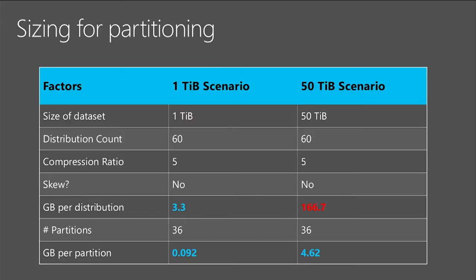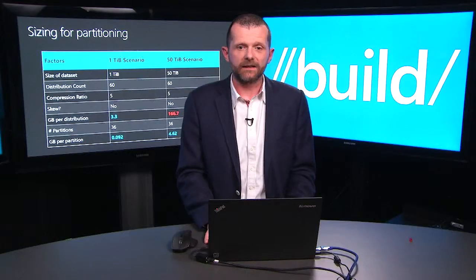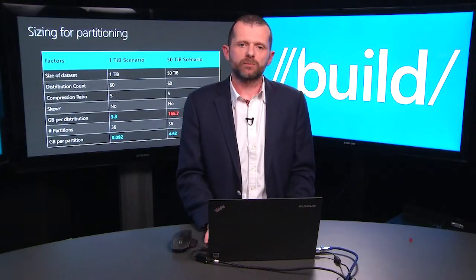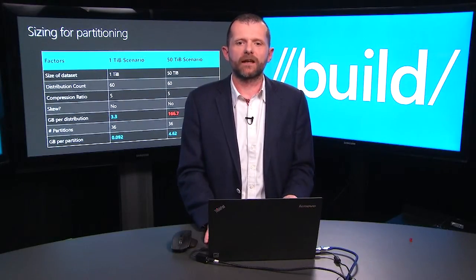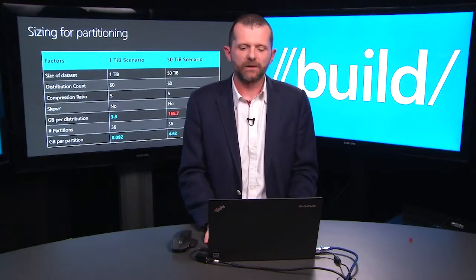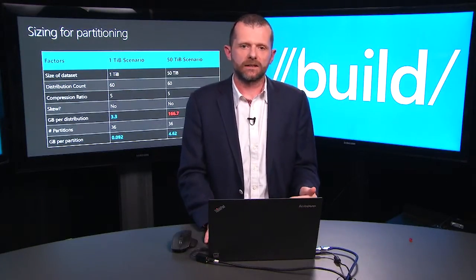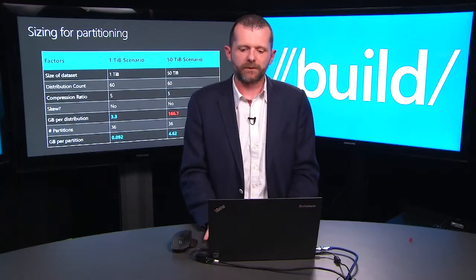So the takeaway here is that when you're migrating your data and thinking about how to partition, you really need to think about A, the compression, and B, the compression rate, but also the fact that the data is distributed already, so that you can think about how big those partitions are, to make sure that you're not over partitioning. Because coming from a regular SQL background, that can sometimes happen.